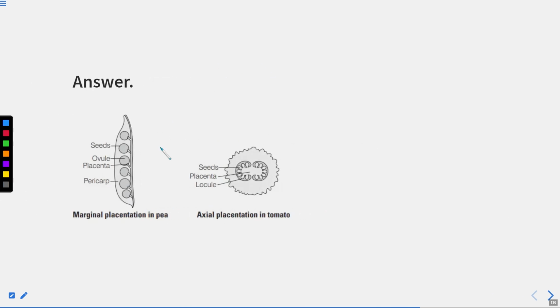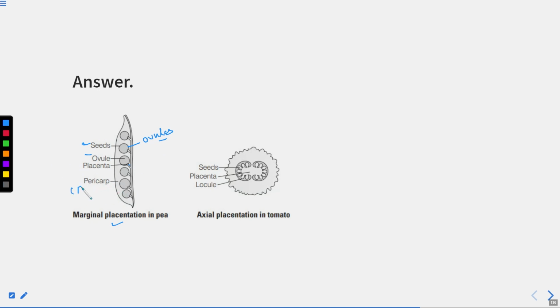Here you can see the marginal placentation in the pea plant. So these are the seeds, or you can say ovules. Ovules develop into seeds after fertilization. This is also an ovule, which is a seed only. Then you have the placenta here. Through placenta, the ovules are attached to the ovary, and here is the pericarp.